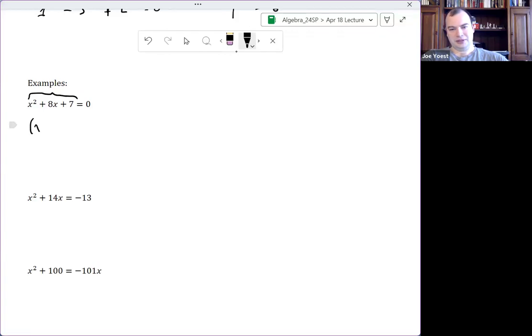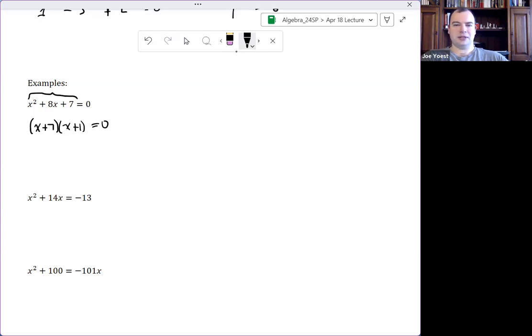And I might realize that this factors as x plus 7 times x plus 1. I'm not going to always go through all the factoring details here. But I would recommend that for the ones that I don't go over, like this one, go through them in your notes, fill in that gap, and see why it factors this way.